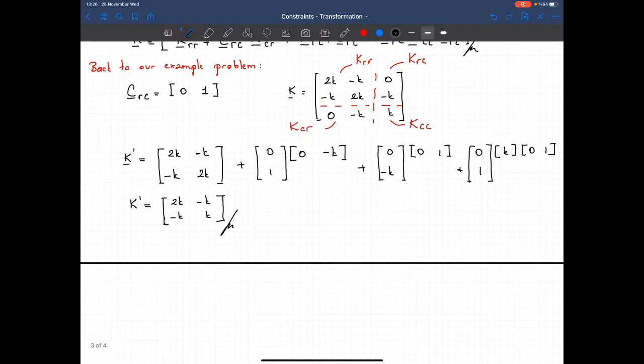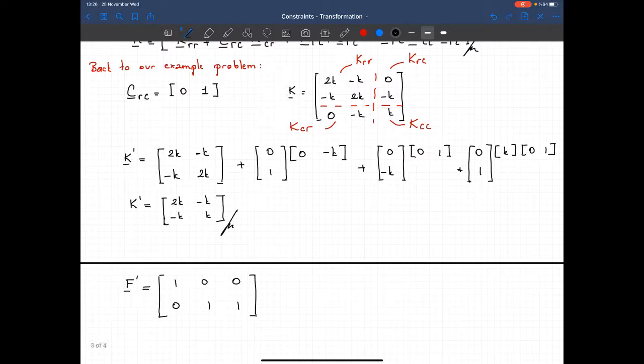Now I have to calculate the constraint force vector, right? And for that I need the transformation matrix. So I got 2 degrees of freedom. So I have the identity matrix here and the constraint CRC matrix in here.